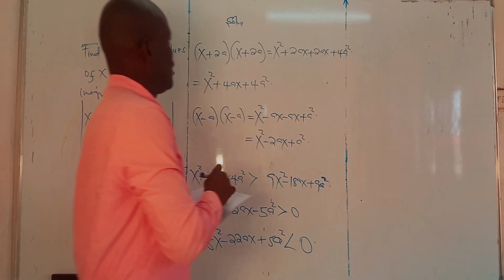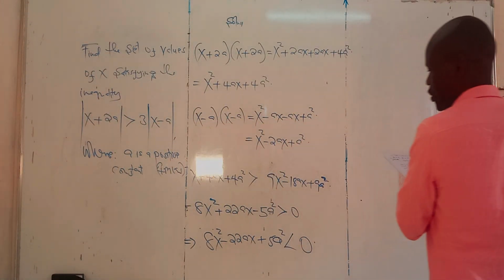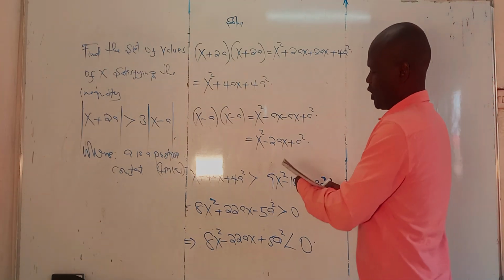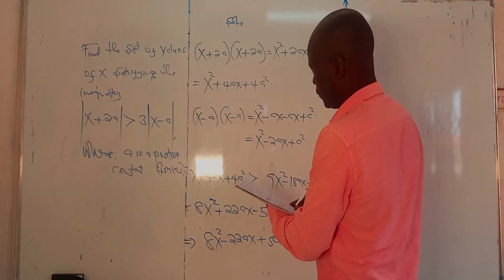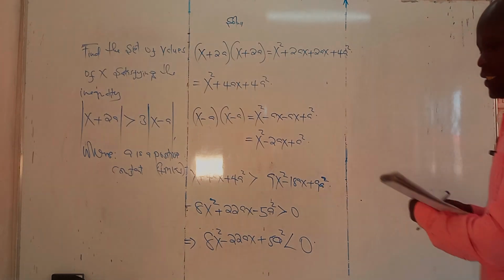So we'll have the factorized version as, now those our two values are -2 and -20.